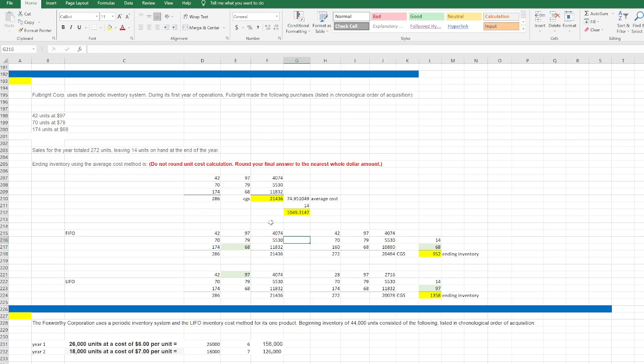Here's my extended cost of $21,436. So when I take 21,436 divided by 268, that gives me an average unit cost of $74.95. And when I multiply that by the 14 units remaining, this is my ending inventory.